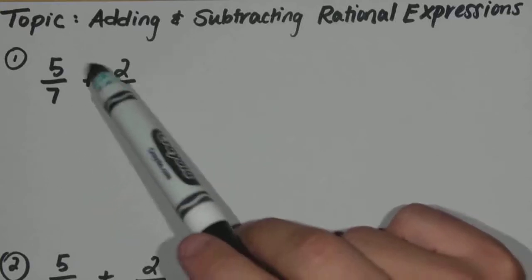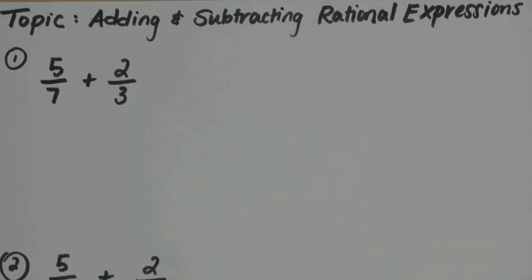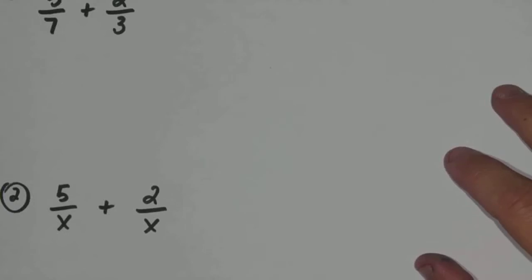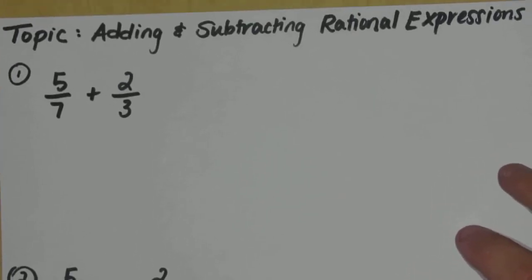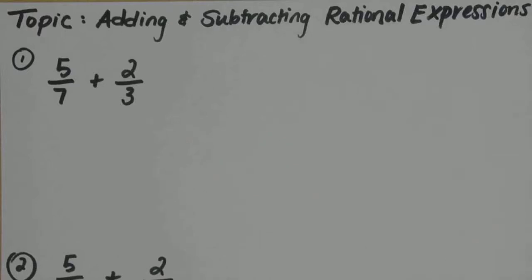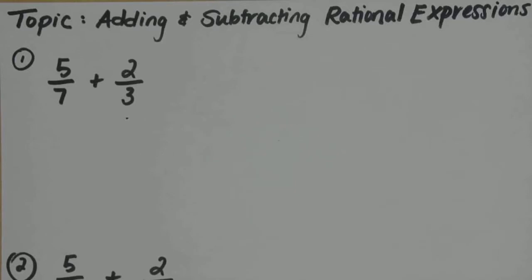Just like adding regular fractions as you see here, when you add a rational expression like you see in number 2, you need a common denominator. So always remember, when you add or subtract any kind of fraction, you need a common denominator. When I think about a common denominator, hopefully the term LCM comes to mind.